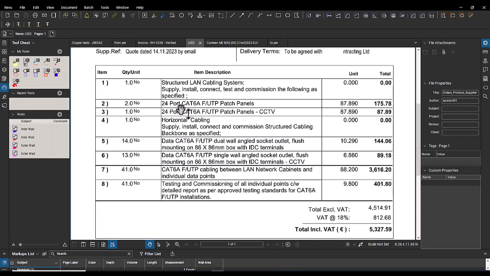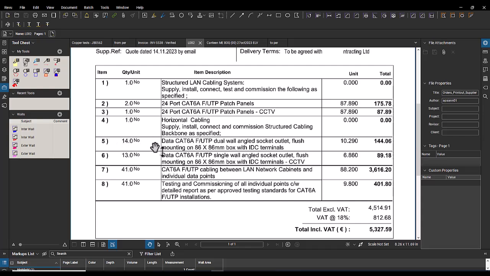Item number 2 is a 24 port patch panel, quantity is 2. Item 3 is the same patch panel for CCTV, which costs €87. Item 4 is horizontal cabling supply, install, connect, commissioning. Backbone as specified. Horizontal is nothing.